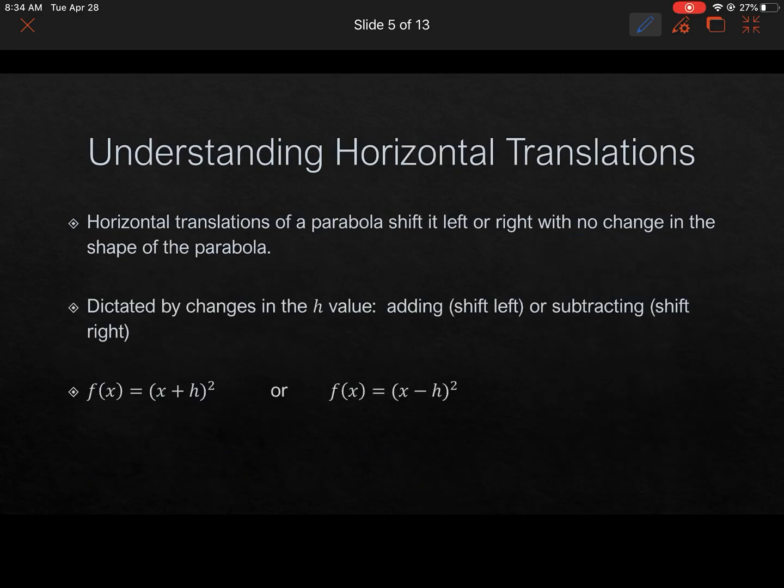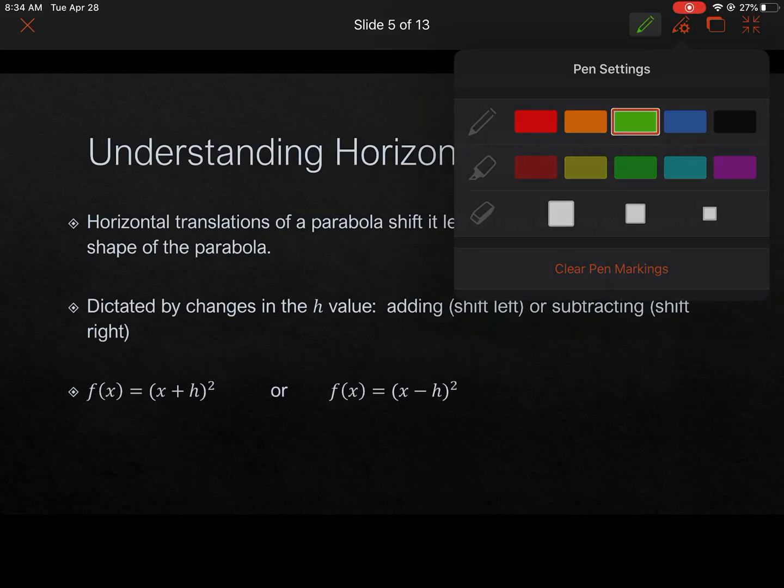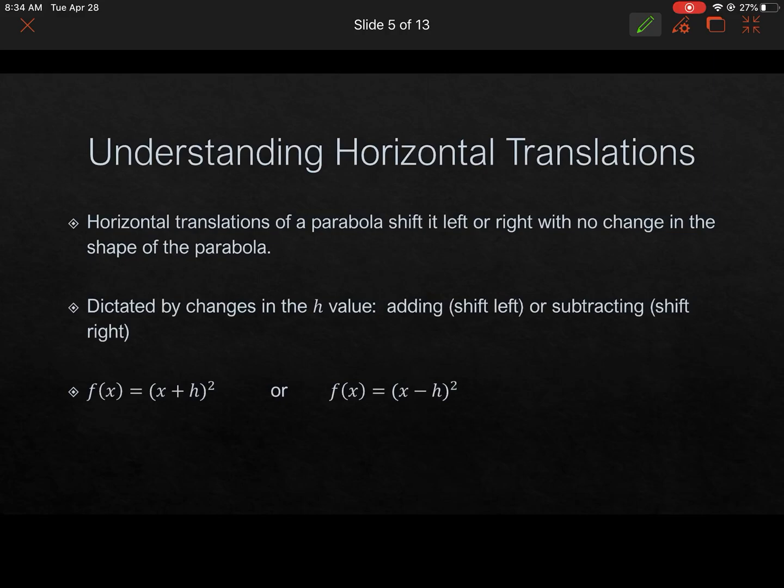Okay, so let's talk about horizontal translations. And this is the thing that might have surprised you when you did the graph on the Desmos. All right, so we do know that we have another parameter here. In this case, we're going to use h for horizontal, or horizontal changes. And you'll notice that these are inside a set of parentheses that is now being squared, right?